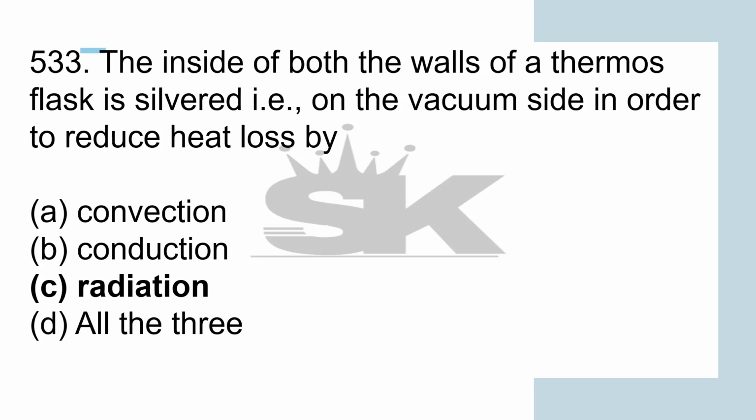The vacuum between the two walls prevents heat being transferred from the inside to the outside by conduction and convection. So here the silver surfaces on the inner walls of the flask reflect heat radiation back into the liquid, minimizing the heat loss by radiation.